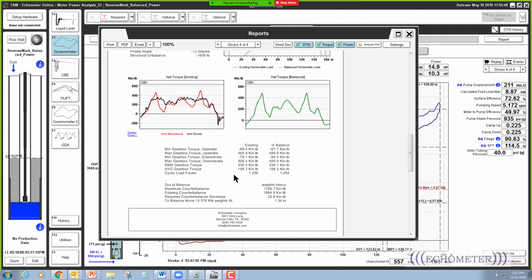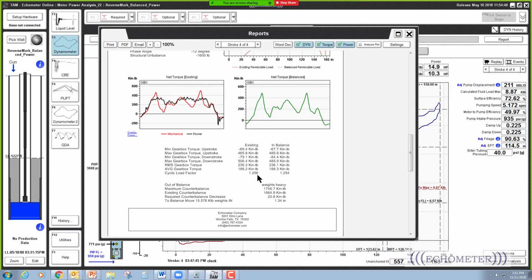So if you compare the change in net torque, from RMS torque, existing to balanced, then this reduction in this ratio, from 1.256 to 1.254, that's a 0.002, and that ratio of 0.002 to that number right there would be how much power you'd save by moving the weights in this case.